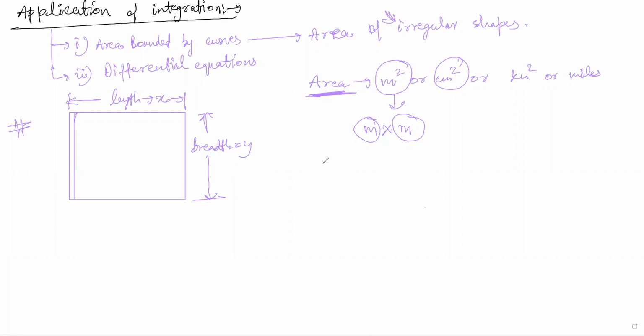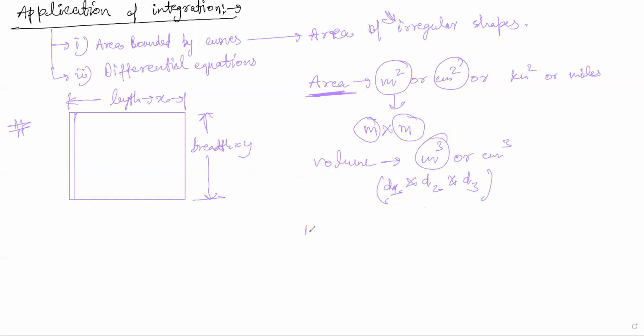Similarly, if you want to find out the volume, then it is always in meter cube, centimeter cube. What does that mean? Basically, you are multiplying three distances. One distance, let's call it D1, another distance D2, and a third distance D3. You have to multiply three distances to find out the volume of any figure. I'm not talking about just regular figures. In case of regular figures, you will be able to find these distances very easily.